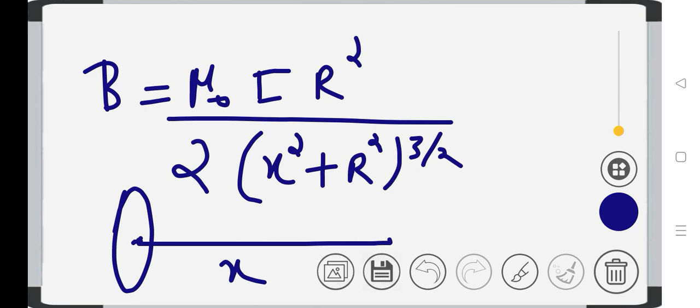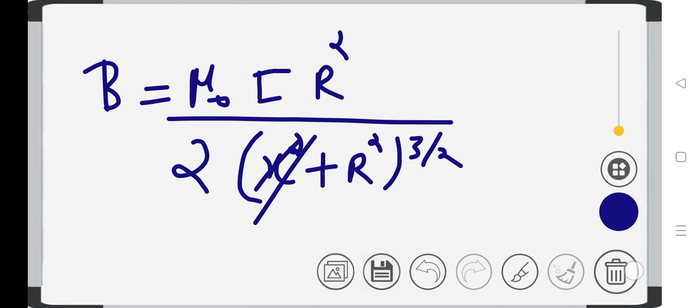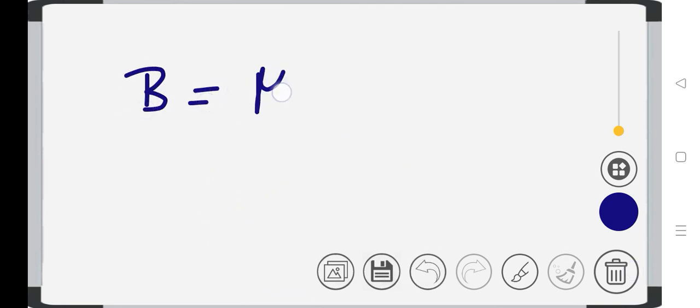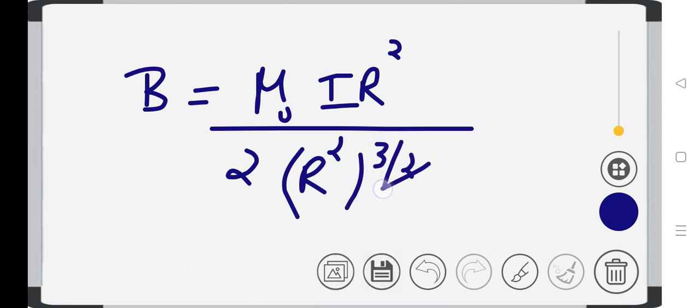So this is the equation to find the magnetic field at a distance x, but in this case we have to find the magnetic field at the center of the loop, that is x equal to 0. When x is 0, we get B equal to mu 0 I r square by 2 into r square raised to 3 by 2, that is r cube.